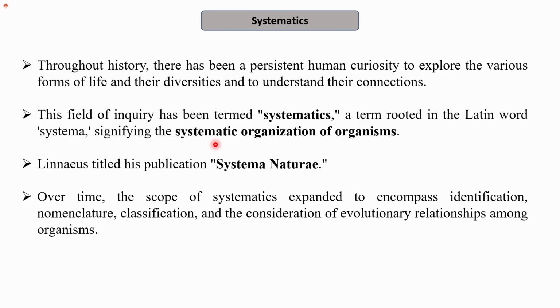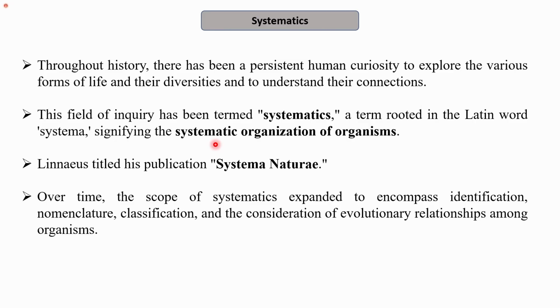On systematics, Linnaeus published one book, which is Systema Naturae, and this question can be asked in the NEET. It has been asked previously also. So the publication of Linnaeus that is based on the systematic organization of organisms, or we can say on the field of systematics, is Systema Naturae.